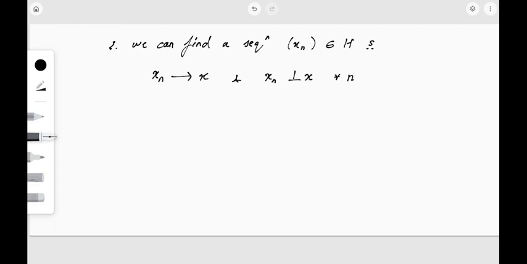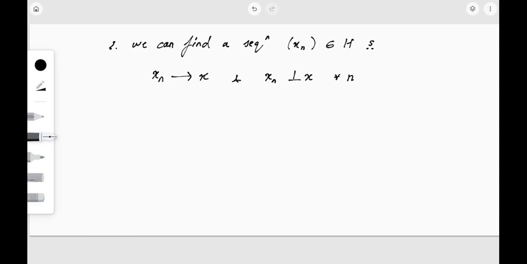Since x is orthogonal to a dense set in H, we can always find a sequence xn such that xn converges to this point and also xn will be orthogonal to x.